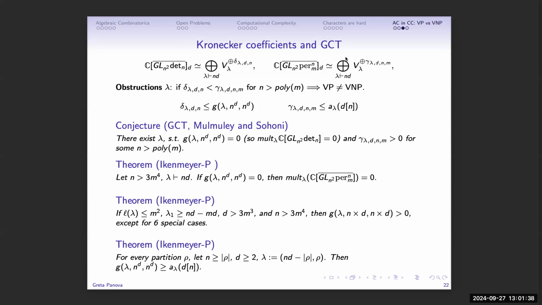First of all, those are positive, and then you can also go to the level of this delta, which is not so far from the Kronecker coefficient, and show that it's also positive whenever this gamma is positive, and that's basically how things work.